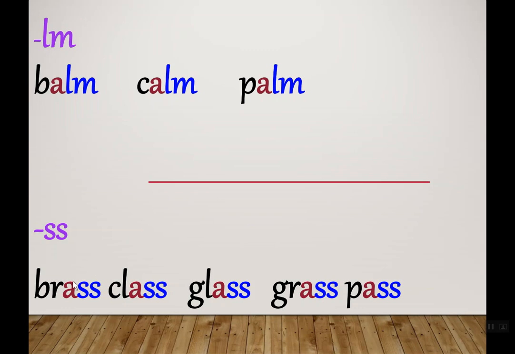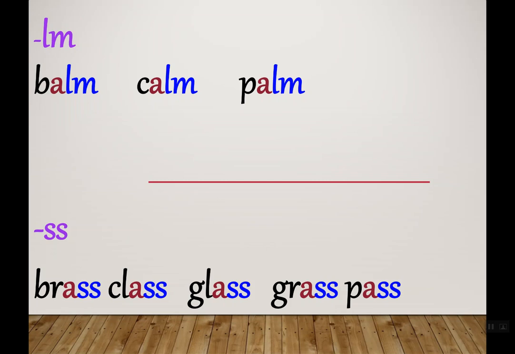Now let's look at these words. Brass, class, glass, grass, pass. Let me tell you, after A, we have SS, but not all words that end in SS will have the R sound.